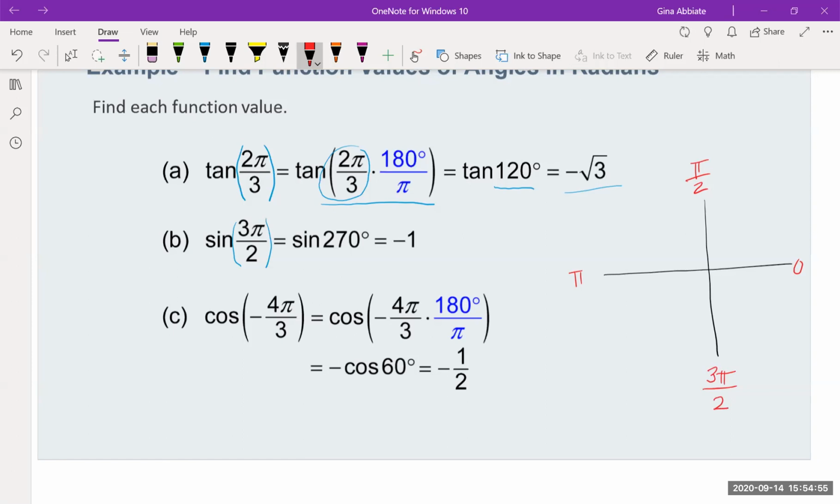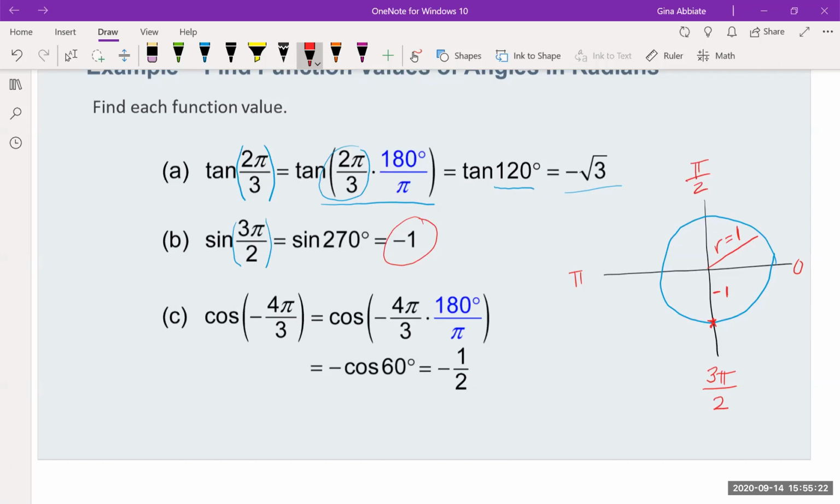So it's asking us what's the y value when we're at, in this case, 270 degrees. Out here on the circle, the y value is going to be negative 1. This distance here is negative 1 because we're considering that the radius of this is equal to 1. That matches up with what we're getting here, and we can figure that out without using a calculator.